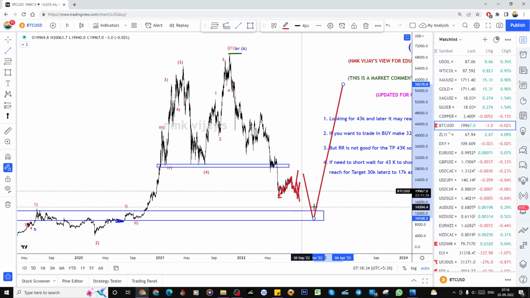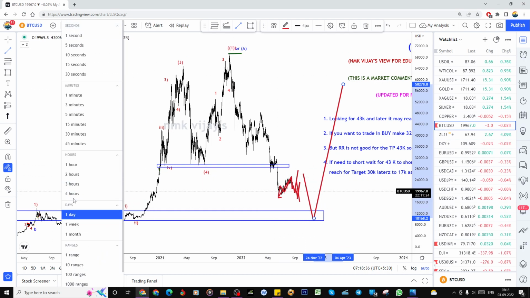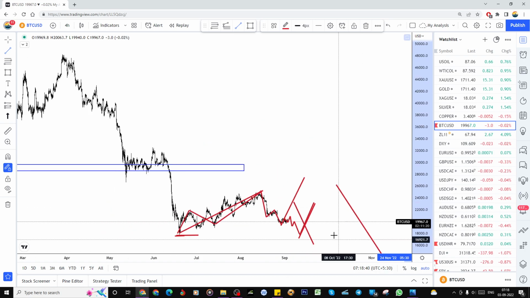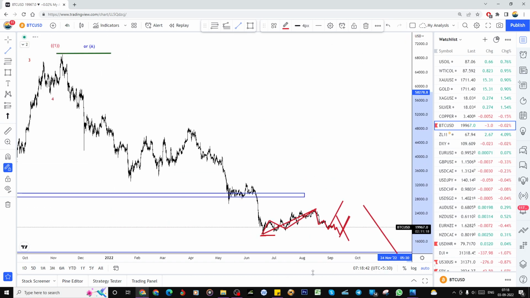So we have to wait for this in that correction, but the trend is to the downside in my view. So this is a three-wave structure, this is a three-wave structure, this is a three-wave structure. So WXY has been completed, and we are expecting that Z wave. And what happens if it doesn't break this low?